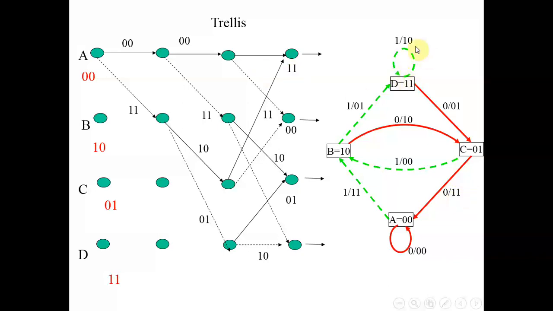Similarly, I can remain in D, or I can move from D to C. If I remain in D, it's a dotted transition because it's a transition of 1, and when I go from D to C, it's a solid transition. So D to D dotted transition, D to C is a solid transition, right? Now very important point, you can notice all the 4 states are active at which level? This is level number 3, or first time instance, this is second time instance, and this is third time instance.